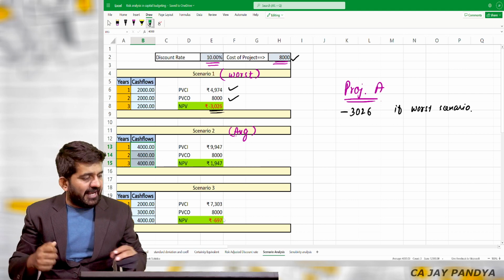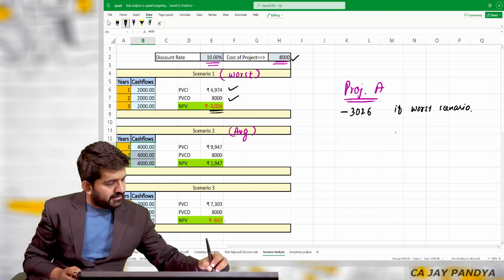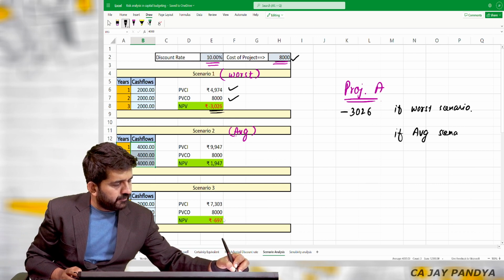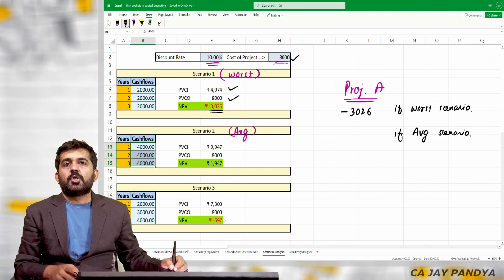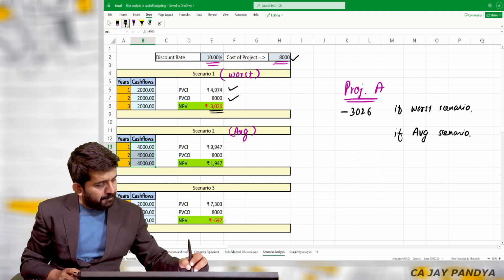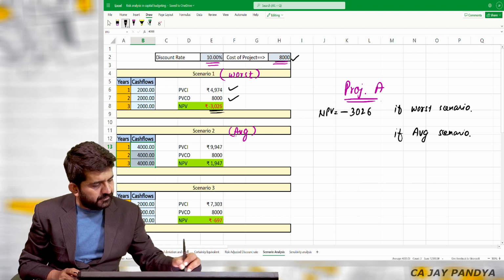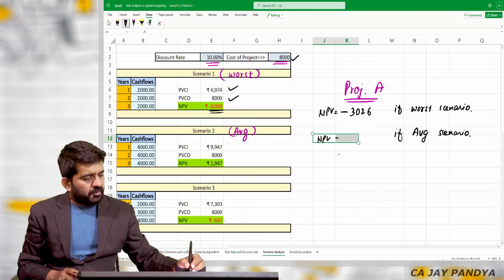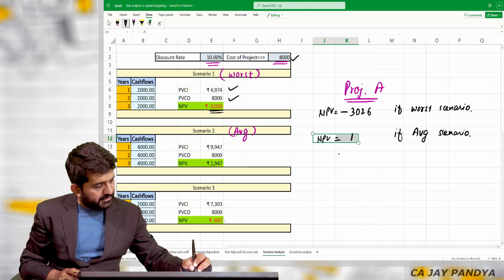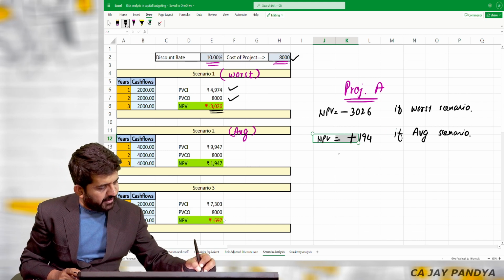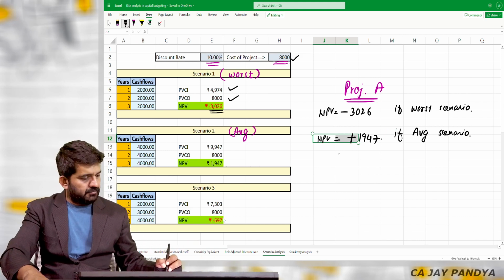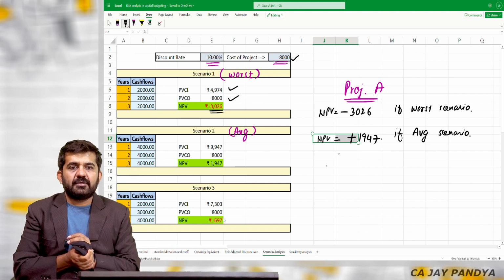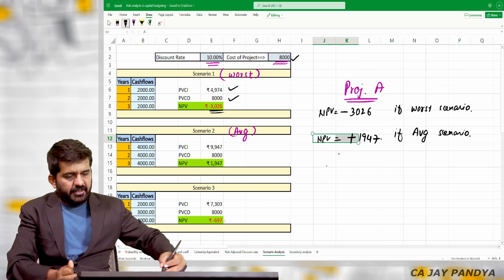What will be my NPV in that case, if there is an average scenario? The NPV is a positive 1947. Positive 1947, if average scenario.